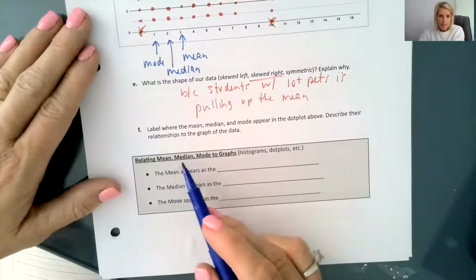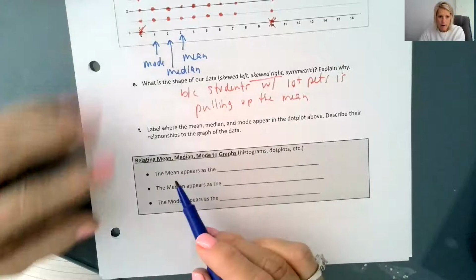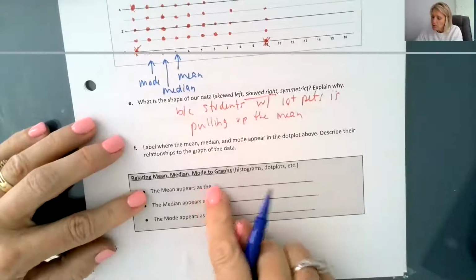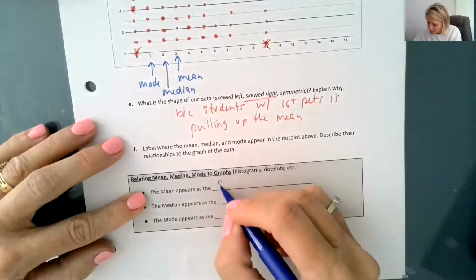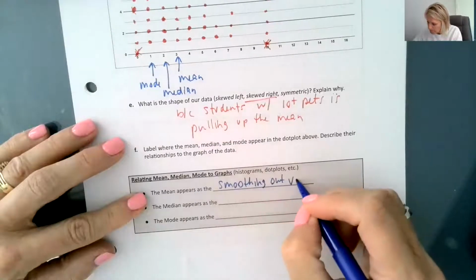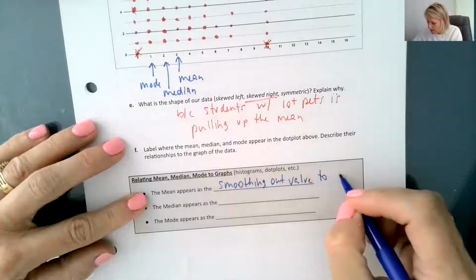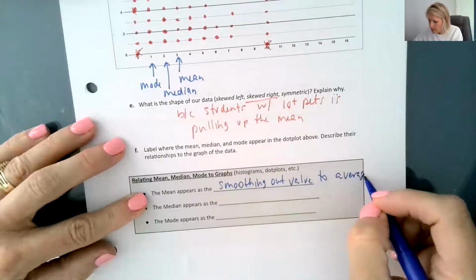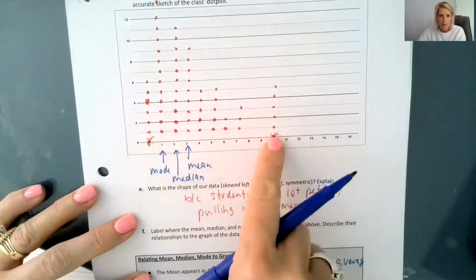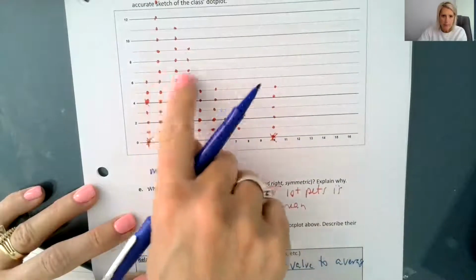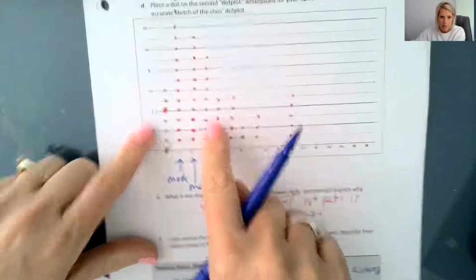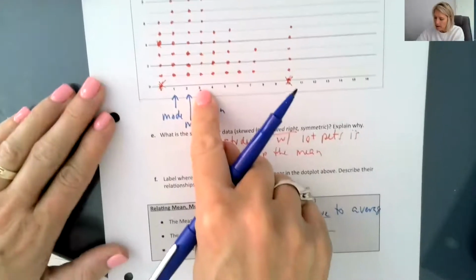So it says relating mean, median, mode to graphs, histograms, dot plots. So the mean appears as the smoothing out point, really. So the mean is where if these people with 10 pets shared some of their pets with people over here, we would kind of blend it in and that would fall in about where everybody would have about 3.07 pets.